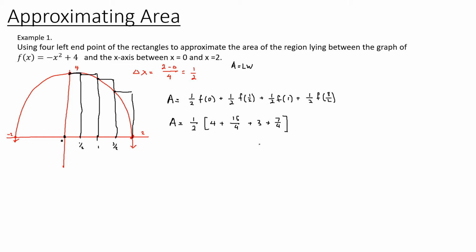And there are your 4 lengths of the rectangular shapes. If you add 4 plus 15/4 plus 3 plus 7/4, it should end up with 25/2. So the area of the rectangular shapes, all 4 of them added up, will be 25/4. Again, keep in mind this is bigger than the area that we want.